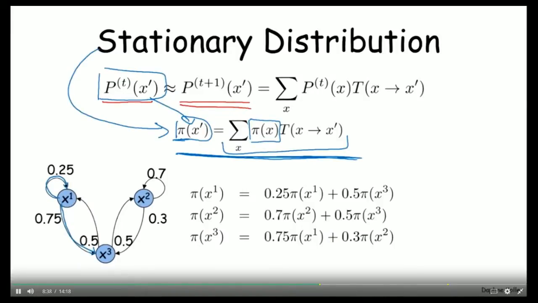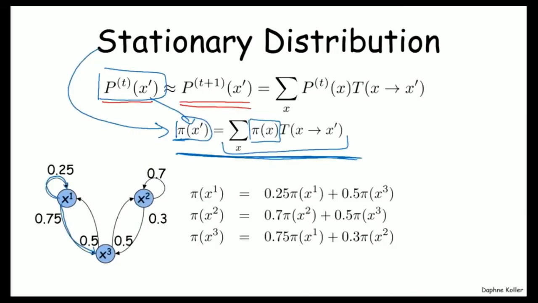So for example, it tells me that pi of x1 has to be equal to 0.25 times pi of x1 because of the self-transition here, plus 0.5 times pi of x3.